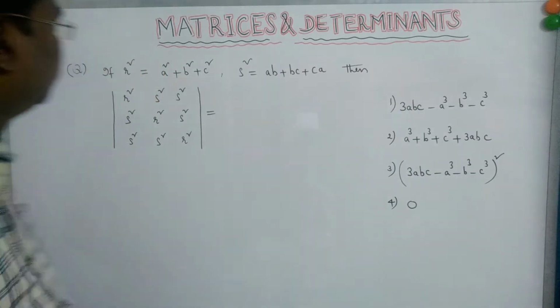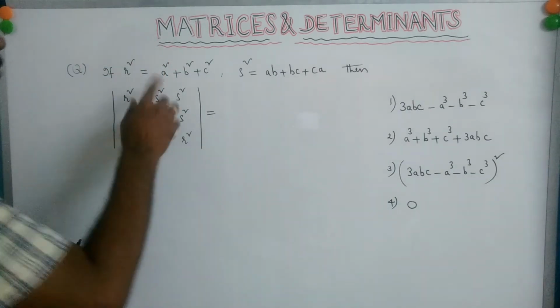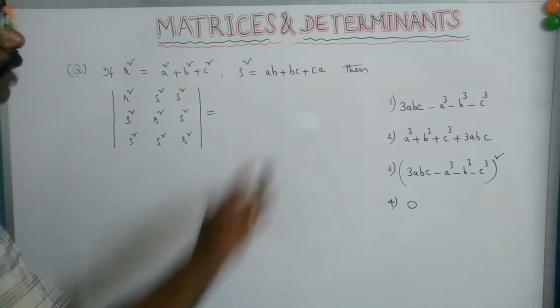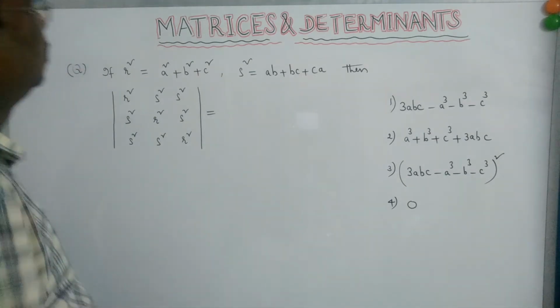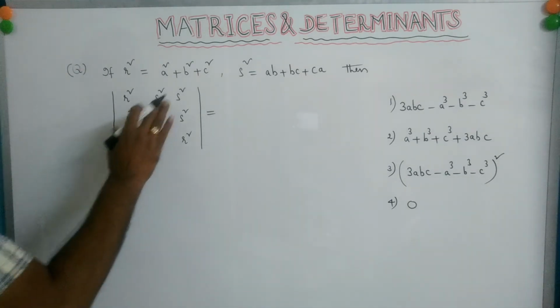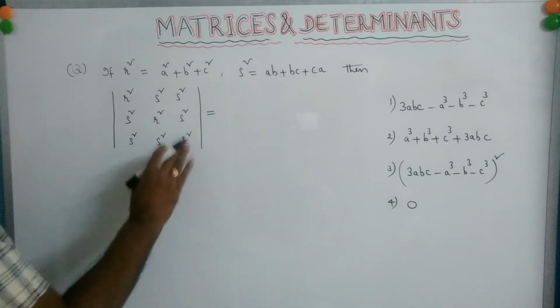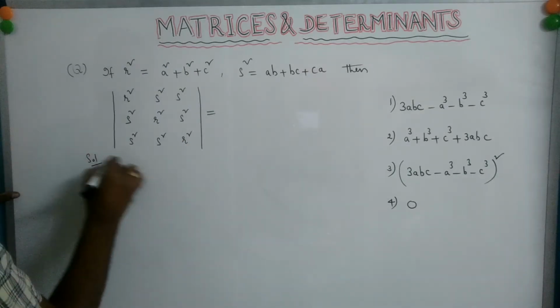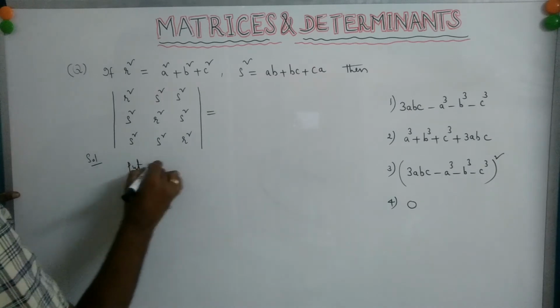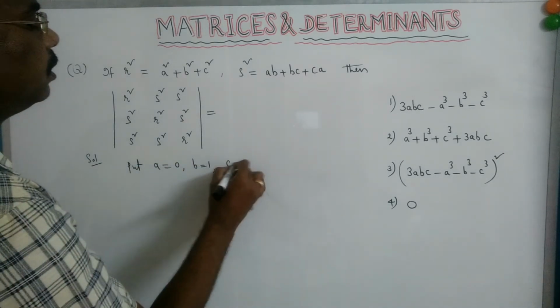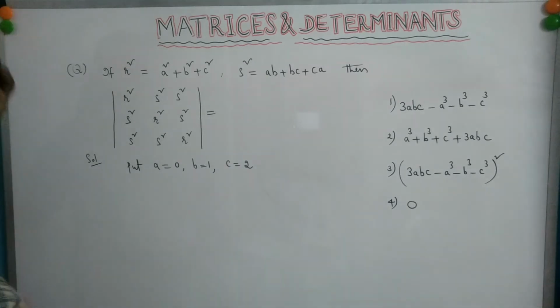Next one: if r square equal to a square plus b square plus c square, s square equal to ab plus bc plus ca, then det of [r² s² s²; s² r² s²; s² s² r²]. Put a equal to 0, b equal to 1, c equal to 2.